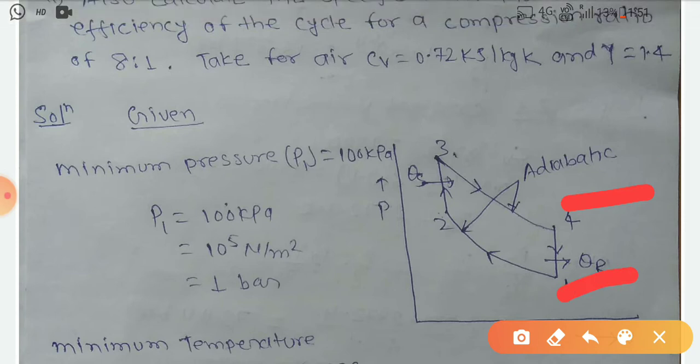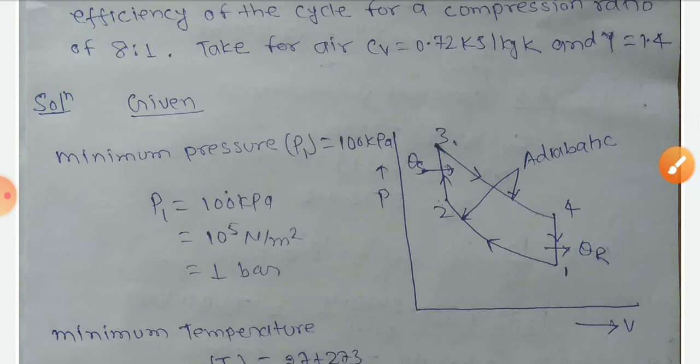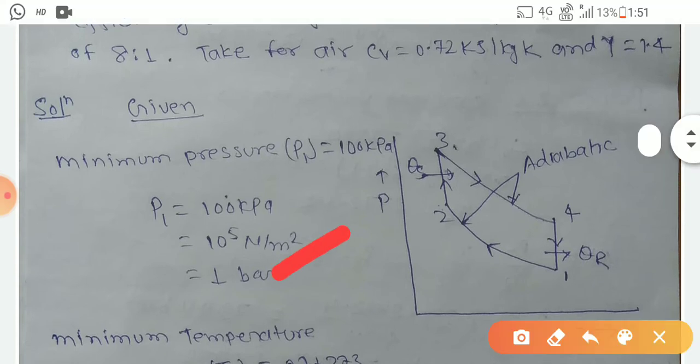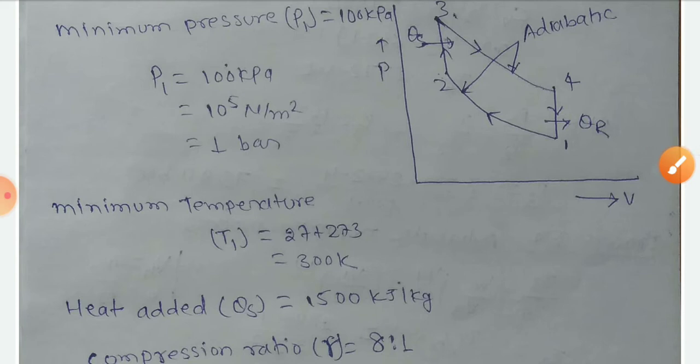In the problem you are given the minimum pressure, that means P1 is equal to 100 kilopascal. If I convert to bar, it is equal to 1 bar. And the minimum temperature is given as 27 degrees Celsius, converting into Kelvin, 273 plus 27, so 300 Kelvin.